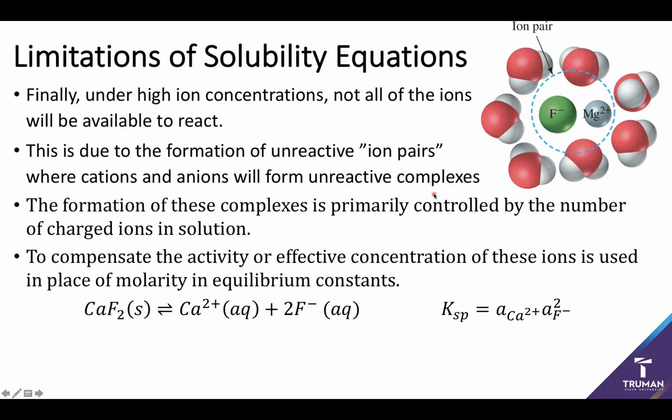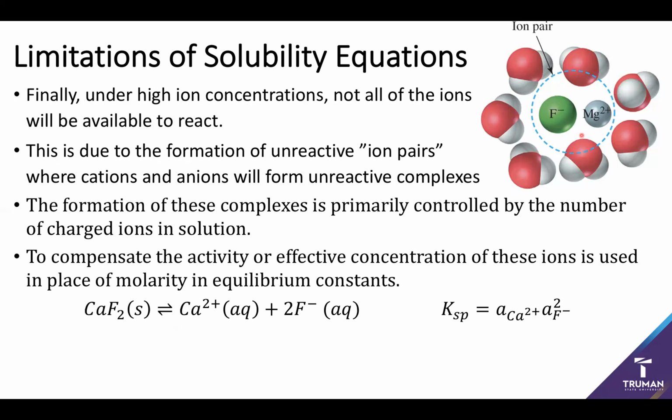Now, one of the classic ways to compensate for this, and we've seen this term before, is to use what's called activity. So traditionally, we said activity for a dissolved species is the same as the concentration. However, when we have lots of these ions present, instead what we use is the activity as a method of talking about the effective concentration or the effective number of these ions in solutions.